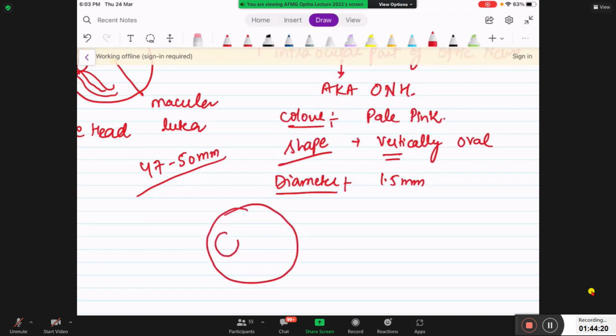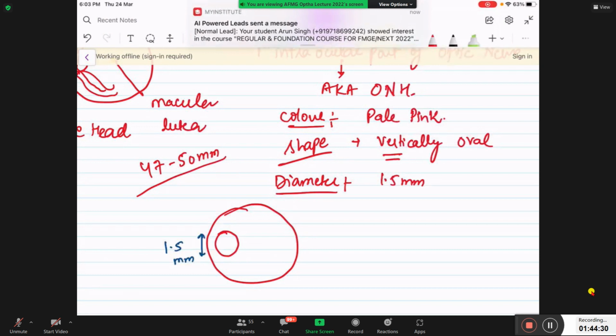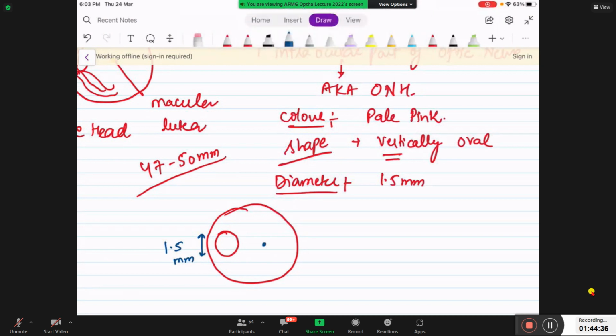Again, I am drawing the diagram. Suppose this is our optic disc. The vertical diameter is 1.5 millimeter, right? Understood?